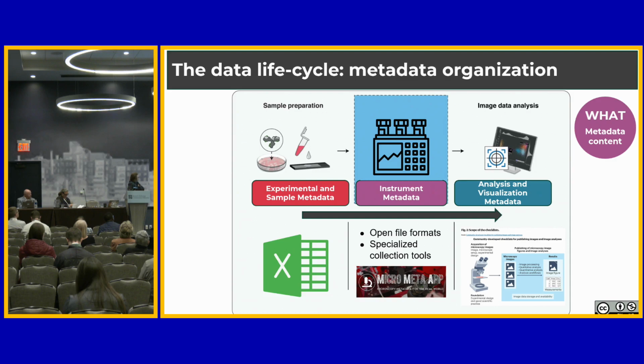But a lot of times we may need to augment that with specialized tools, such as this tool that my lab developed in microscopy to collect the metadata for instrument description that is not provided by the manufacturers. And for the analysis, it's about keeping track of all the steps. It's hard to do, but guidelines are being released in different fields, and in this specific case, this is a guideline that was released for the imaging field.